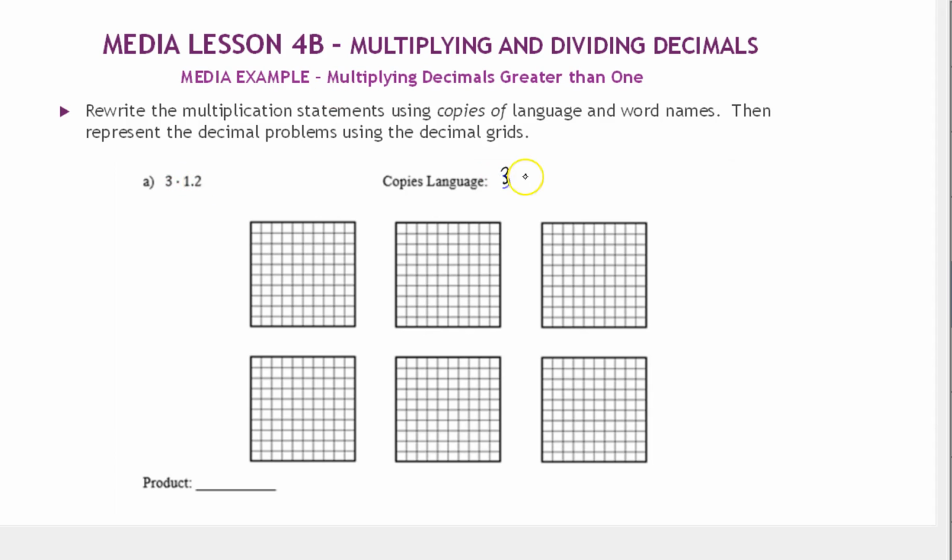So we will write 3 copies of 1 2/10. So let's see what this would look like. So notice there's 6 grids here, so I'm going to write my first copy of 1 2/10 here, the second copy, and the third copy.